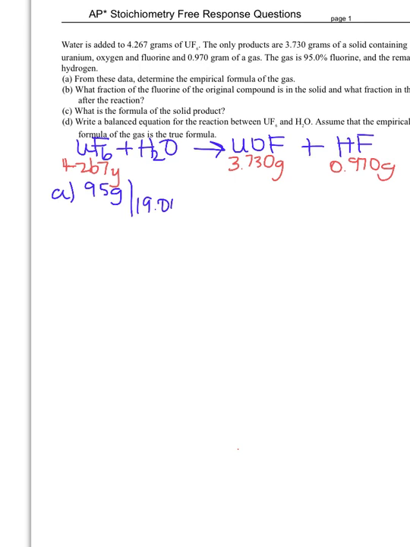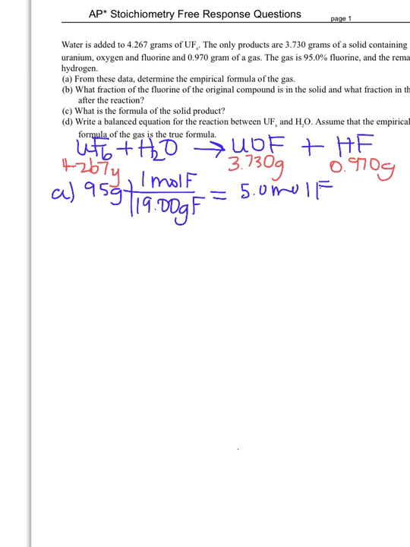Remember, we always round to the hundredths place. And that's equal to 1 mole of fluorine. Type it into my calculator, 95 divided by 19, and I get 5 moles of fluorine.